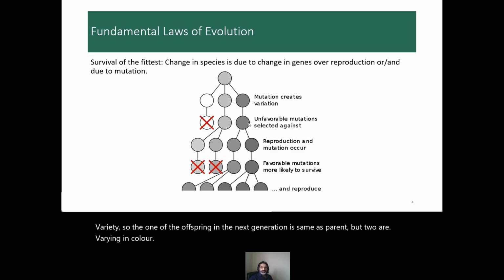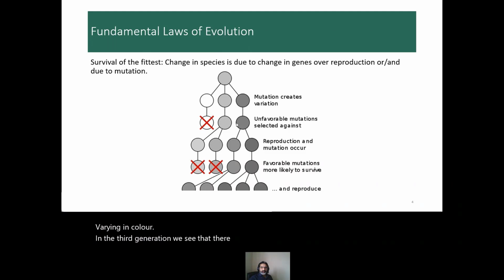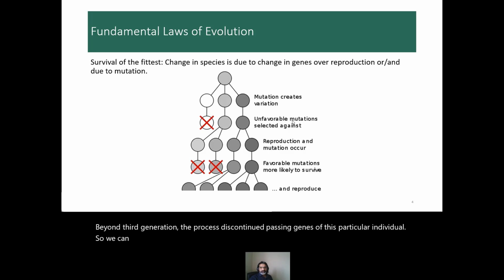In the third generation, we see another operation, the selection operation. Beyond the third generation, the process discontinued passing genes of this particular individual, so we can say that unfavorable mutations are deselected from the process.